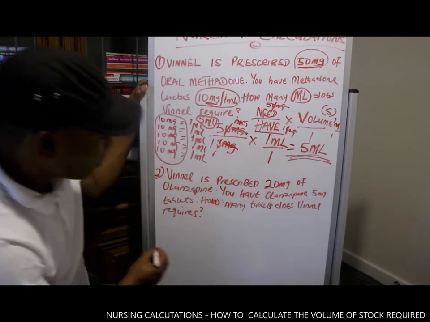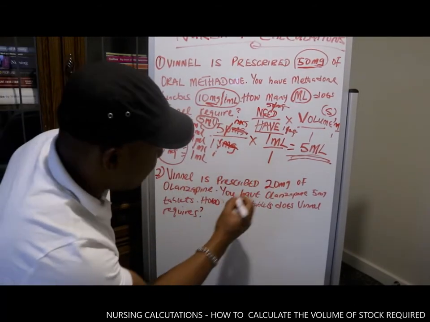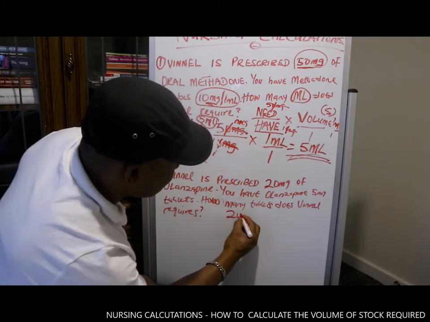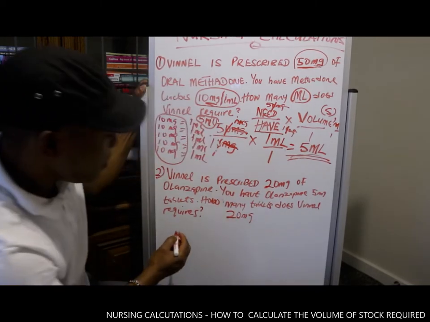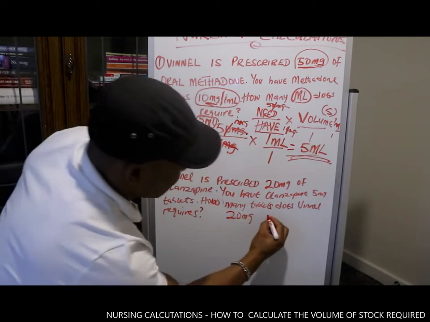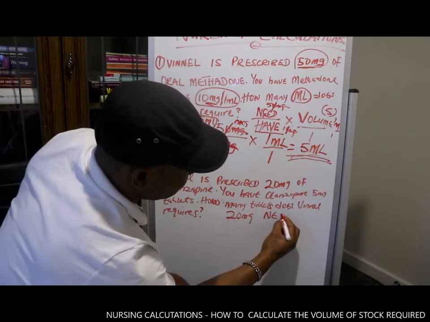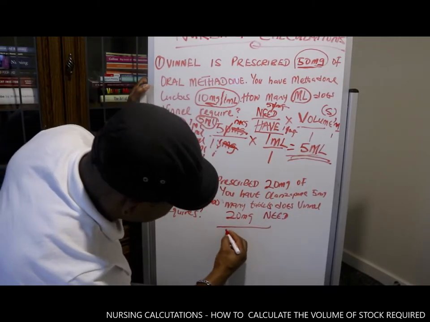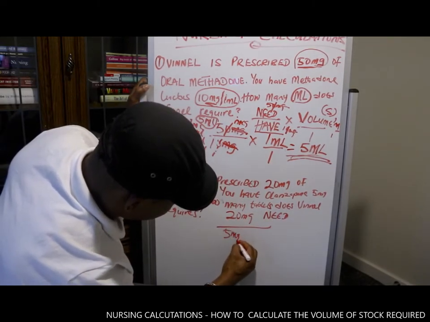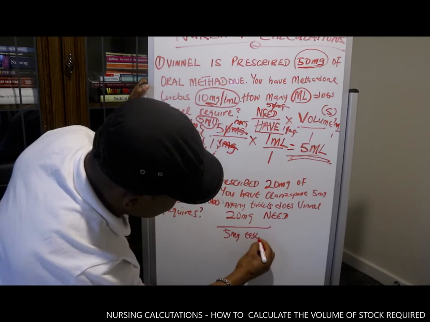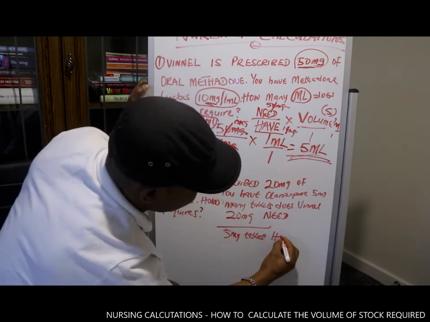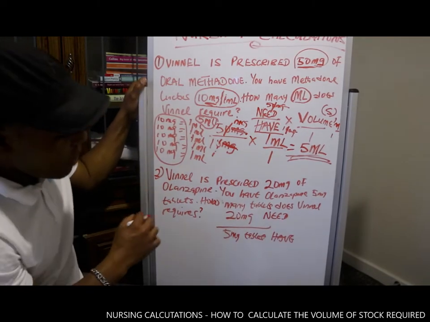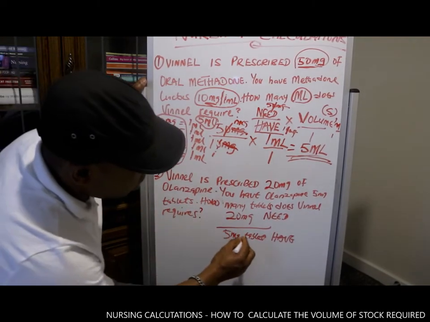So Vener is prescribed 20 milligram olanzapine, 20 milligram, which is the need, and 5 milligram tablets is the have.